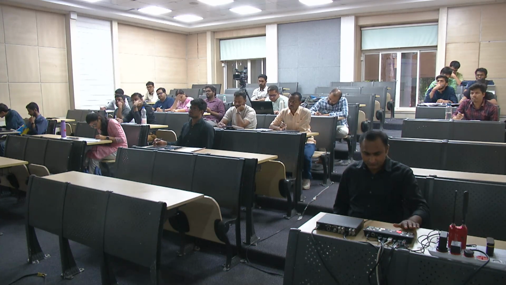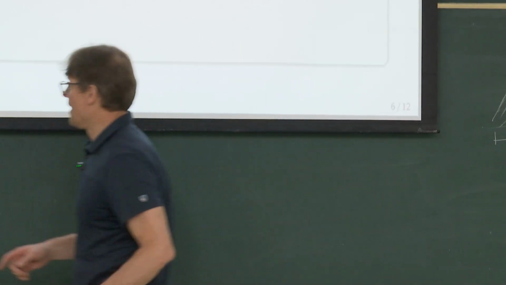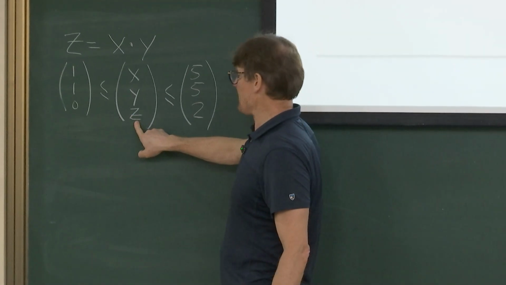So the trick is, what I did up here is I used this nonlinear expression. I had a bound on xi, and then I know that I can get a bound on xi cubed by just cubing that bound. I want to do the same thing here. Can somebody give me a tighter lower bound on z?